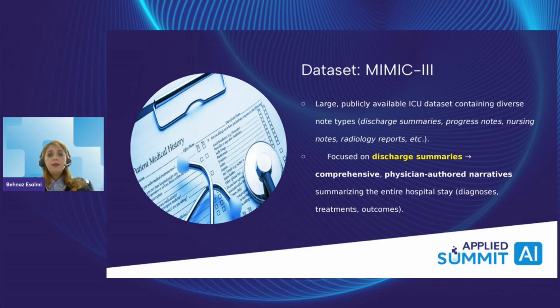It contains discharge summaries, progress notes, nursing notes, radiology records, and so on. Among all these note types, discharge summaries are the richest. They are comprehensive, physician authored records summarizing diagnosis, treatments, and outcomes. That's why our study focused specifically on discharge summaries, because they capture the entire patient journey and they are so rich.